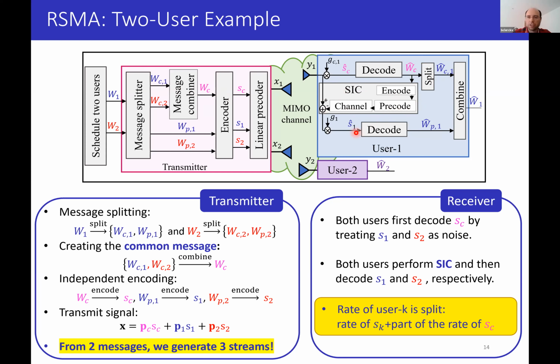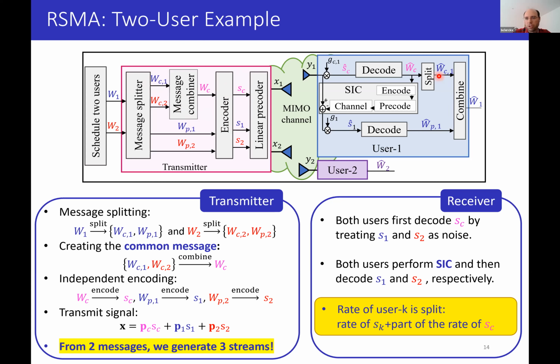So what we see here at the receiver is that user 1 tries to retrieve these two parts, WC1 and WP1. To do that, user 1 has to decode the common stream SC to retrieve WC1, and it has to decode the private stream S1 to retrieve WP1.